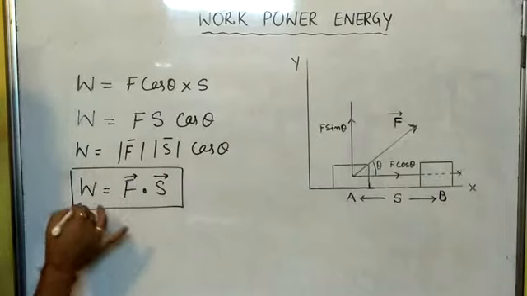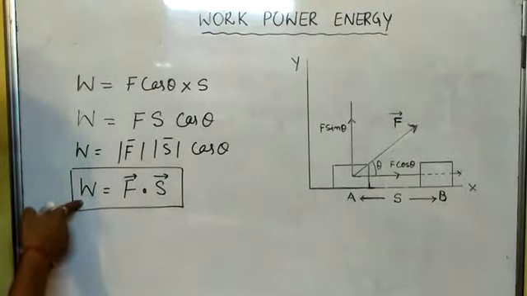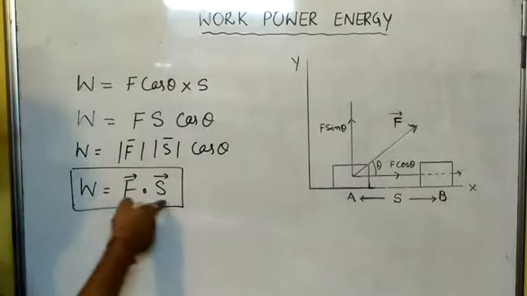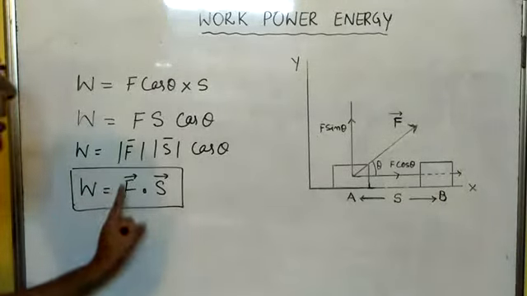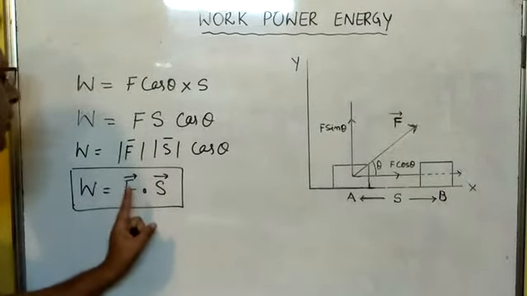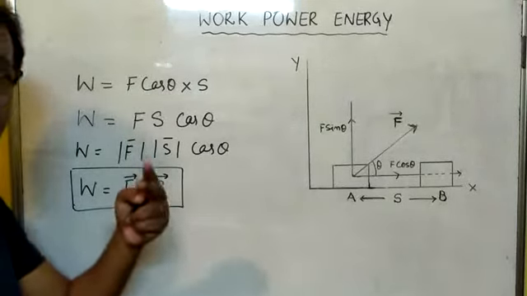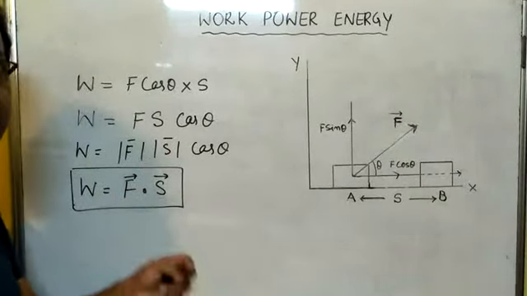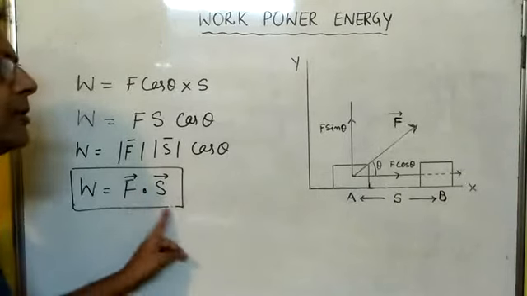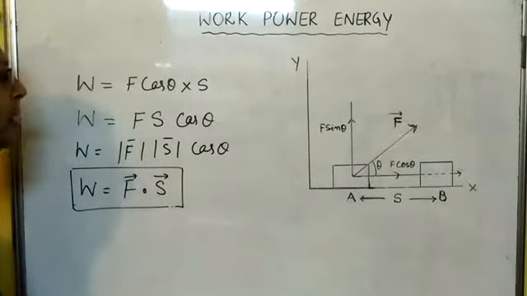So work done is a scalar quantity, and it is equal to the dot product of force and displacement. So whenever we define work, we now say that work is nothing but the dot product of force and displacement.